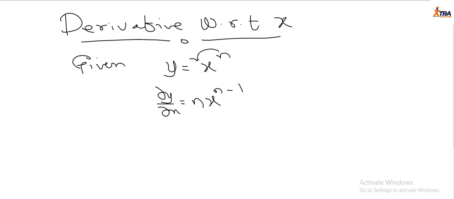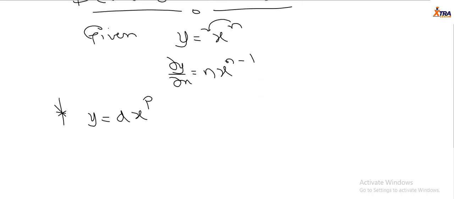Unlike if we have a constant, which is y equals a times x to the power p. There's a constant here. So dy over dx here will be equal to a times the power will come down.